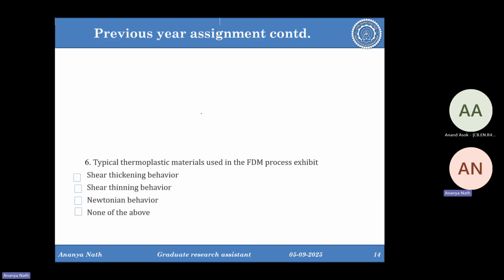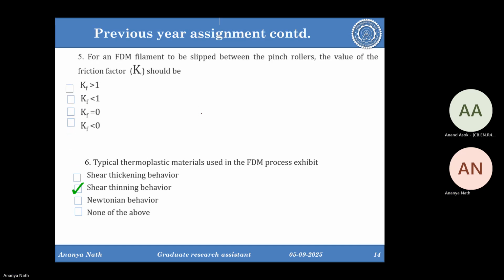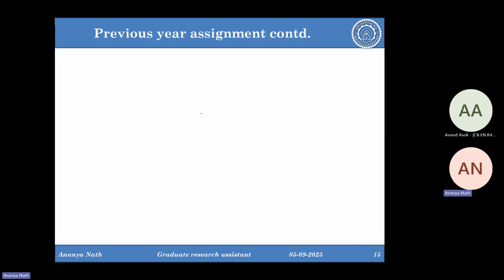Typical thermoplastic materials used in FDM have shear thinning behavior. For FDM filament to be slipped between pinch rollers, can you answer this question? KF less than 1. It's less than one, as we have already done some on it.